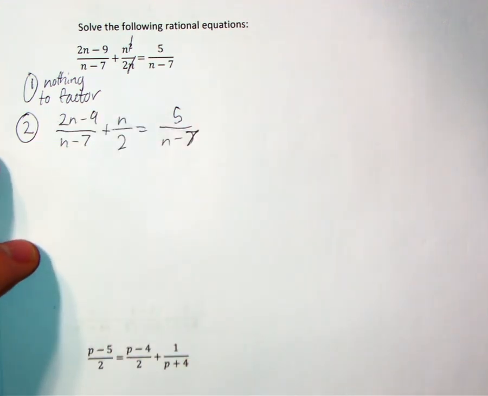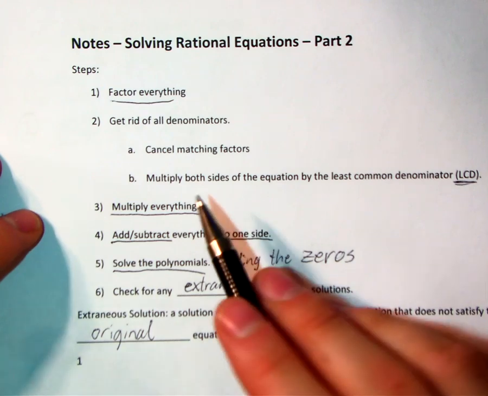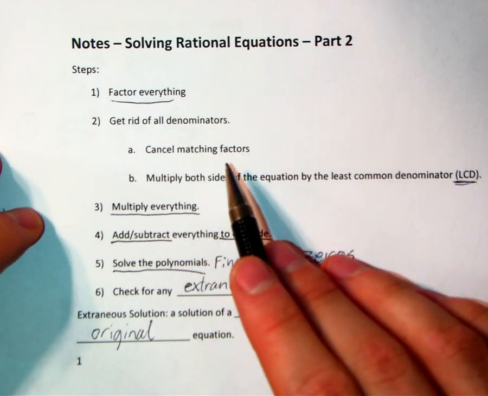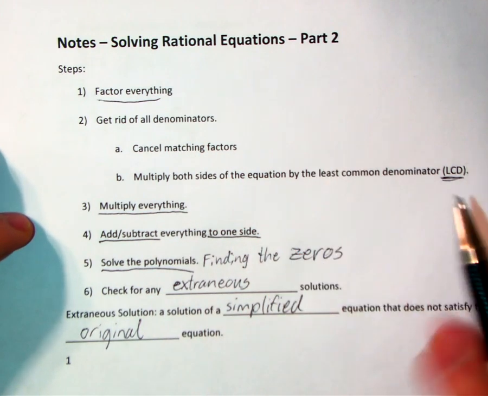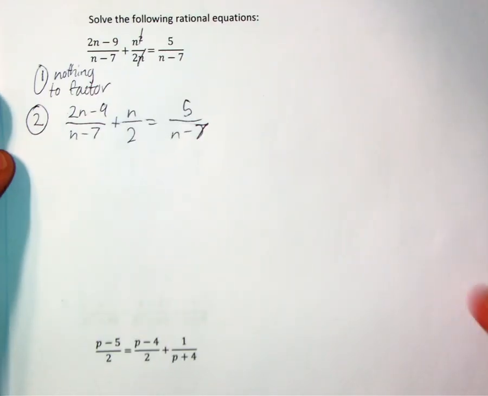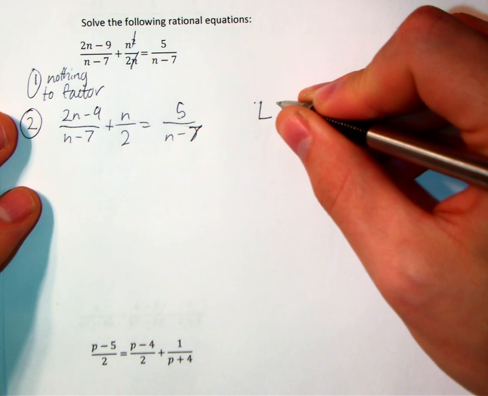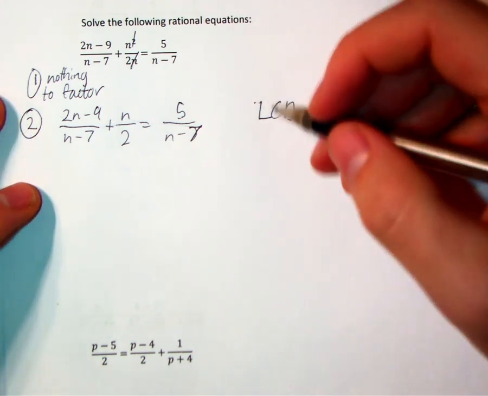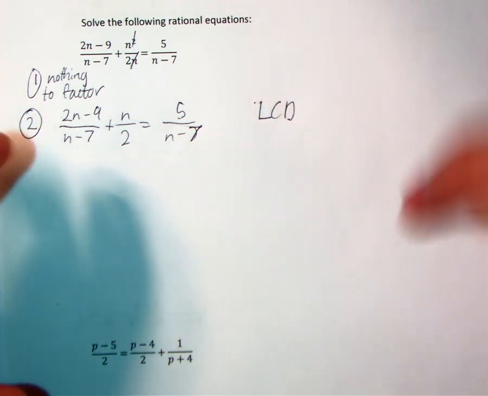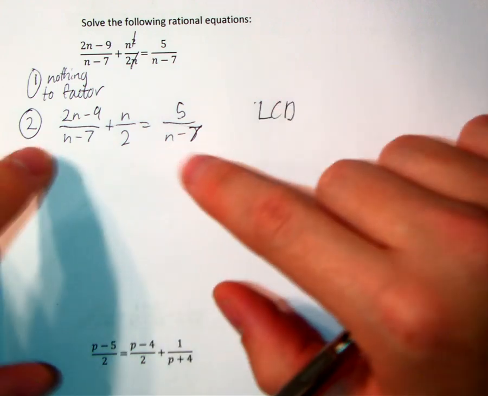The other way that we learned how to get rid of denominators after we canceled matching factors was to multiply both sides of the equation by the LCD, the least common denominator. What is the least common denominator? Let's remind ourselves. The least common denominator is basically just a number whose purpose is to get rid of the denominators.